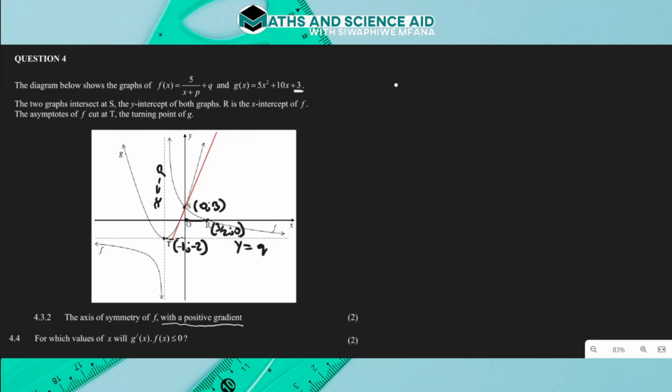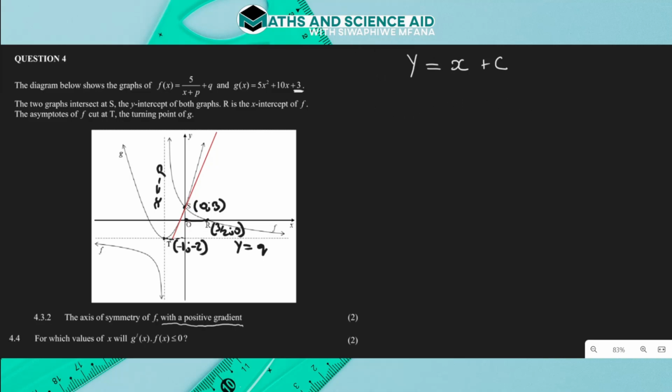So if we have a hyperbola, we know that we have two axes of symmetry, and generally these axes of symmetry are going to have the equations y is equal to x plus c, and the second one will have an equation of y is equal to negative x plus c. So this one, as you can see, has a positive gradient, while this one has a negative gradient. And in this question, we are being specifically asked to determine the one with a positive gradient.